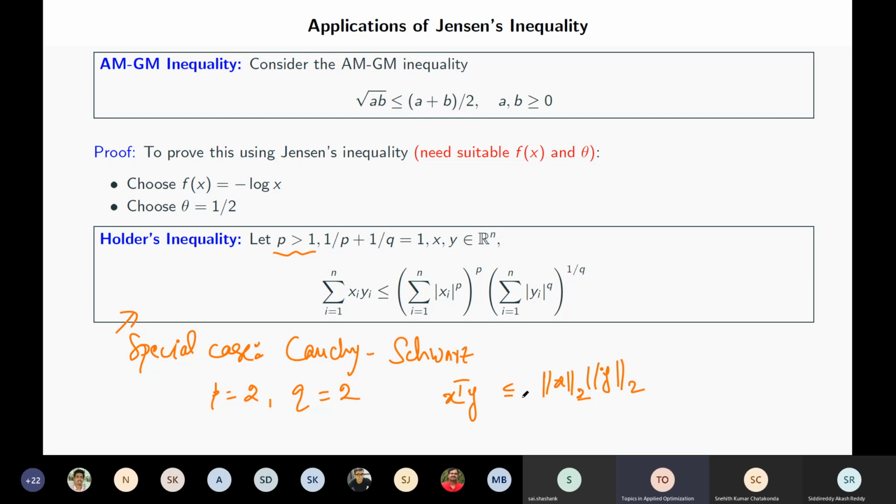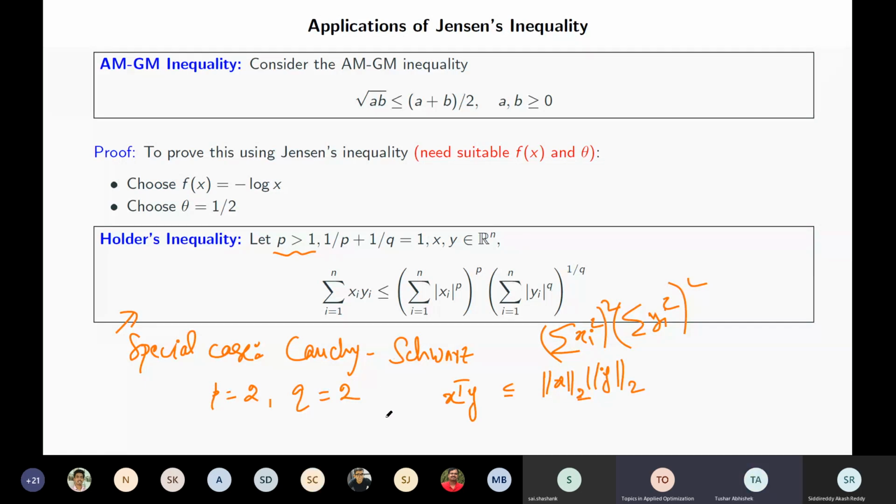So this was indeed the Cauchy-Schwarz inequality, right? Sum of xi squared, sum of yi squared, and here also we have squared. So for p equals 2, q equals 2, this is Cauchy-Schwarz inequality.